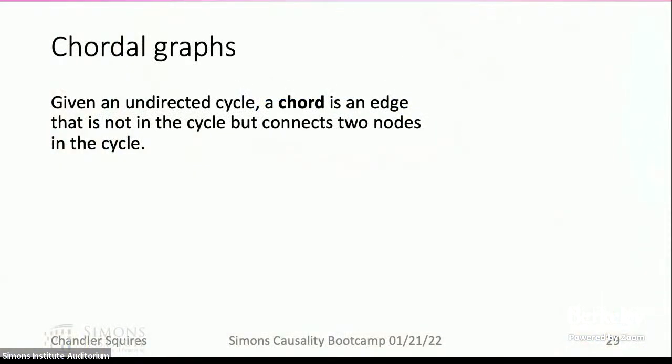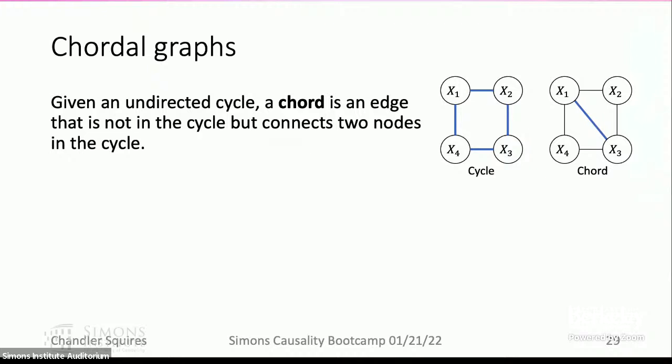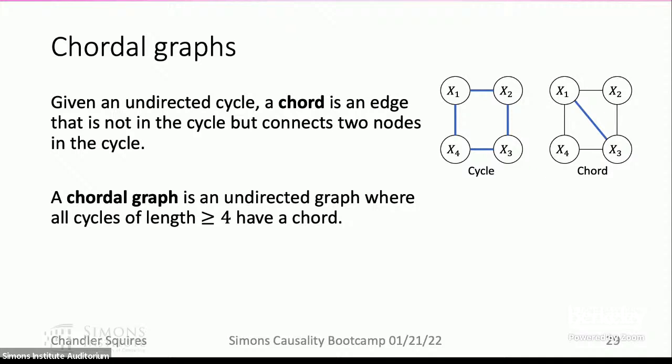To define this, we need to say what a chord is, which, if we take a cycle of length greater than 4, is just an edge that connects two things in the cycle, where the edge itself is not in the cycle, right? So basically something that cuts through and makes this no longer necessarily a cycle of length 4. I guess it's still a cycle of length 4, but there's this shortcut through it.